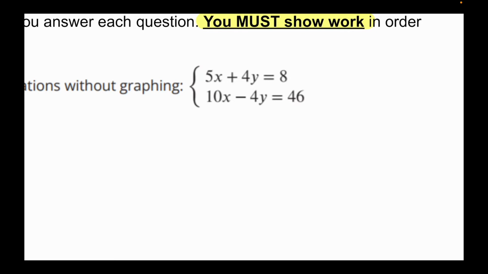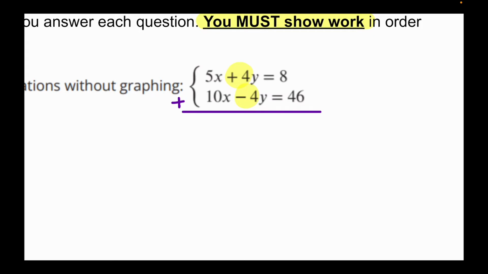Now here, I do actually have something that is already set up and ready to eliminate because I notice I have positive 4 and negative 4 as my coefficients on y. And if I have opposite coefficients, same number, but one's positive, one's negative, then I can just add both of these equations together.